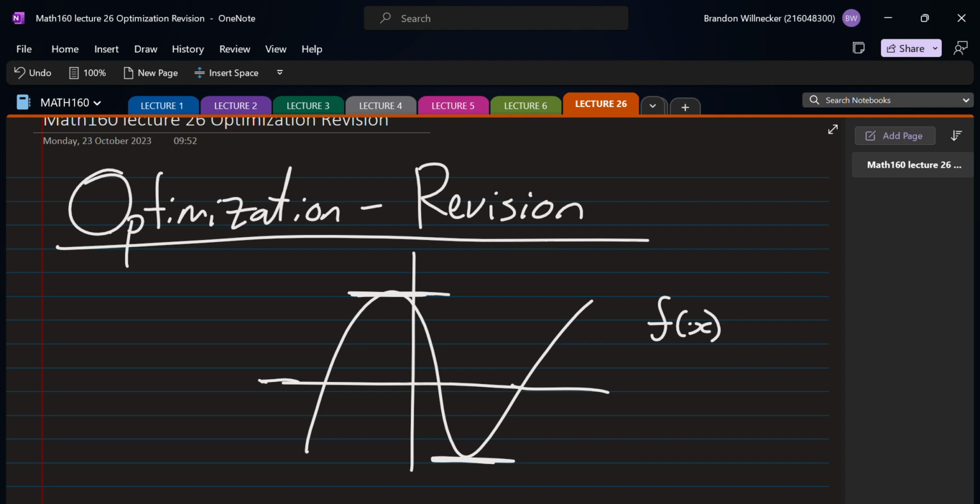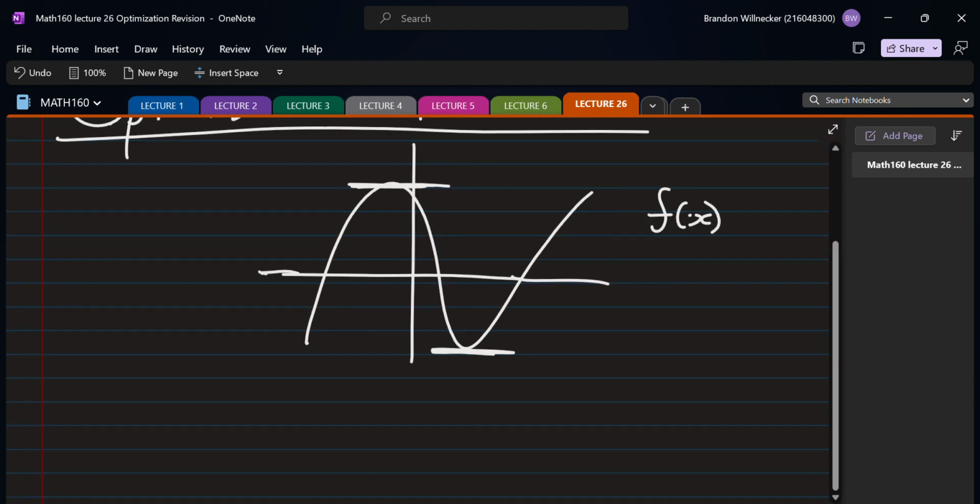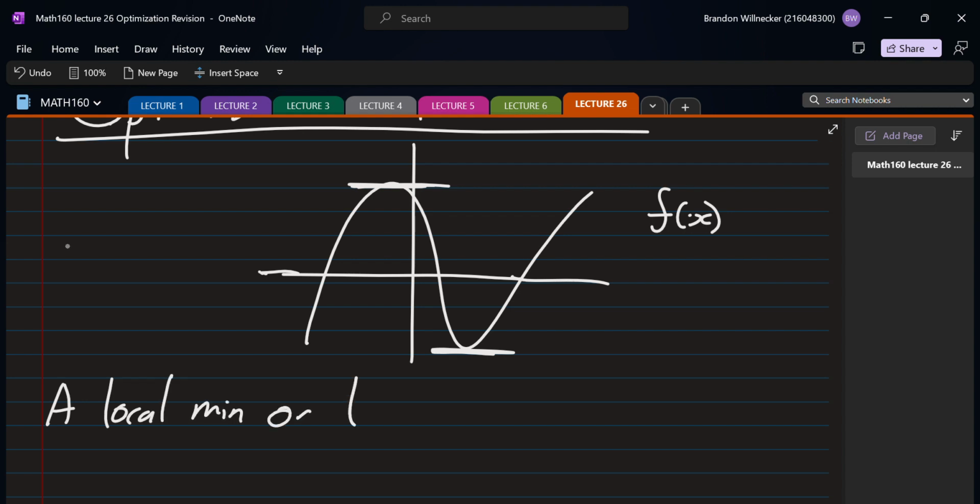In both cases, we know that the tangent line will be horizontal, so it's horizontal at the minimum and horizontal at the maximum.